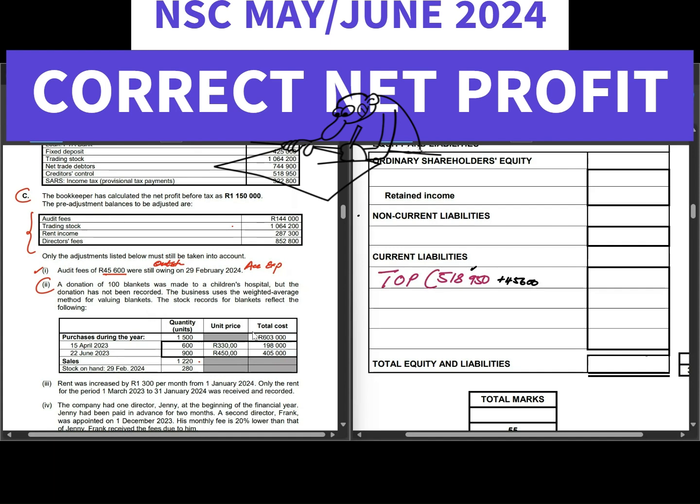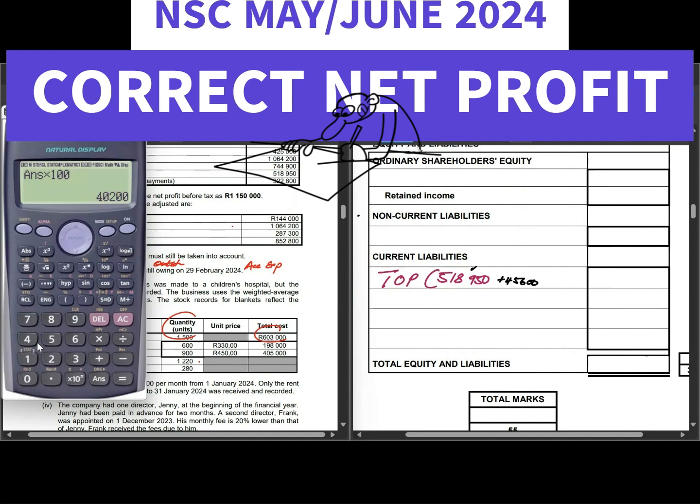So we need to calculate the weighted average for the blankets. And the simplest way is to take our 603 here. We simply say our 603,000, and then we divide that by the quantity, which is the 1.5 over there. Let's see if our calculator is close. There it is.